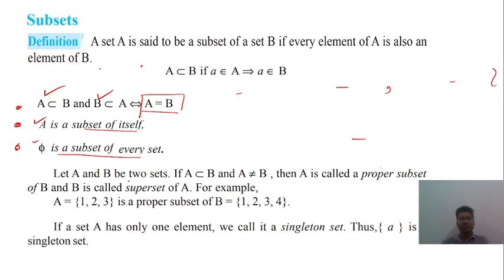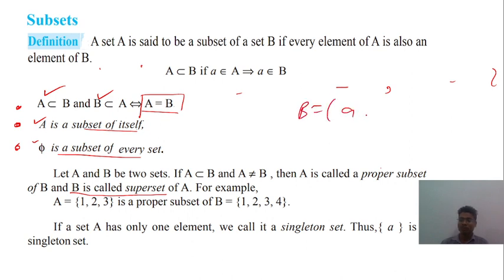Now coming to some special names of sets, which are proper subset and superset. We can say A is a proper subset of B if A is a subset of B and A and B are not equal, and then B is called the superset of A. So you will have to keep in mind what is superset and what is proper subset. Superset means a set which is superior, a larger set.